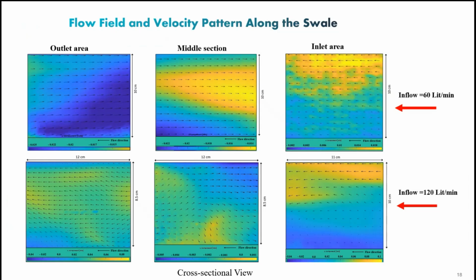So this is the result from the PIV. Flow is from right to left: inlet area, middle section, overflow area, downstream. We have two different scenarios, 60 versus 120. With the 120, flow is mainly from right to left, pushing all the way and trying to leave the system, except for the middle one, where you see the eddies forming.